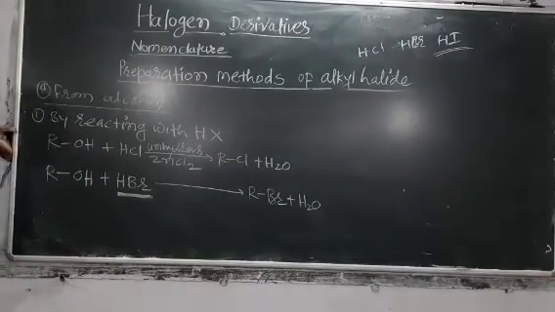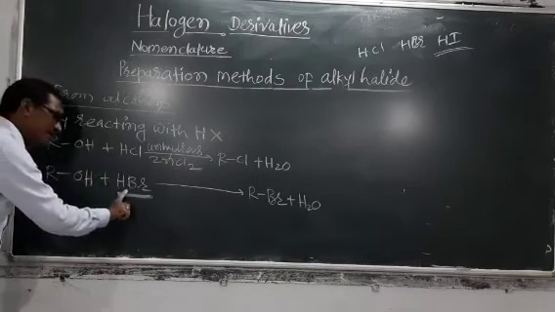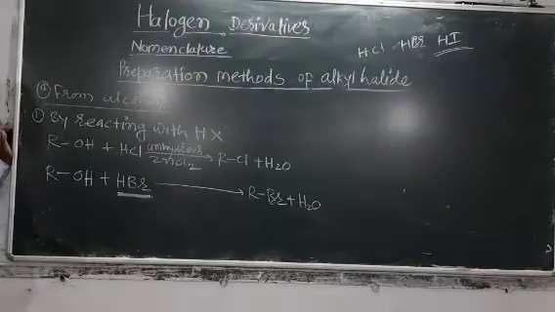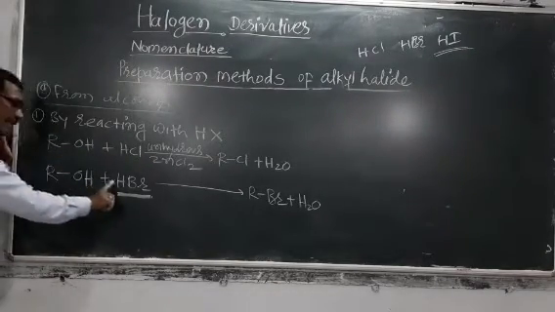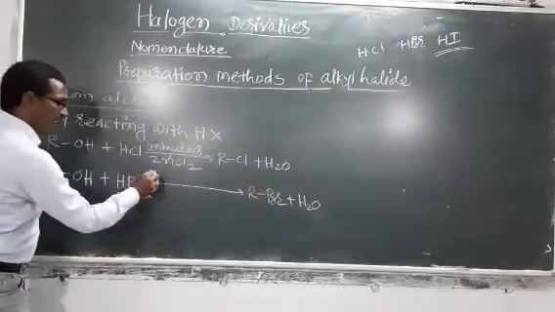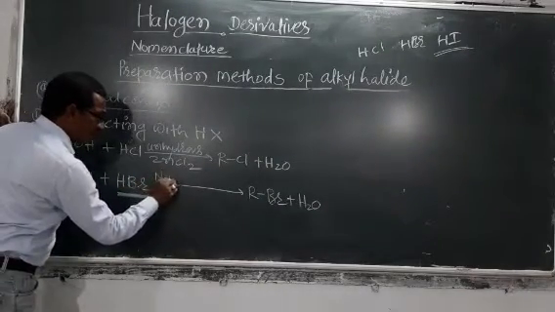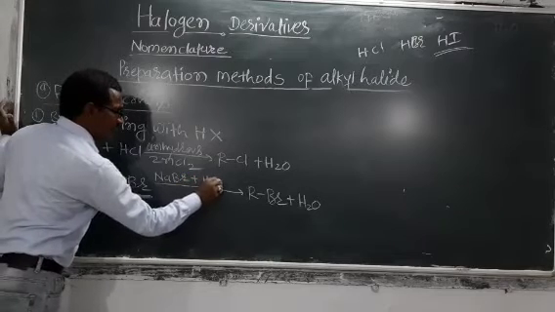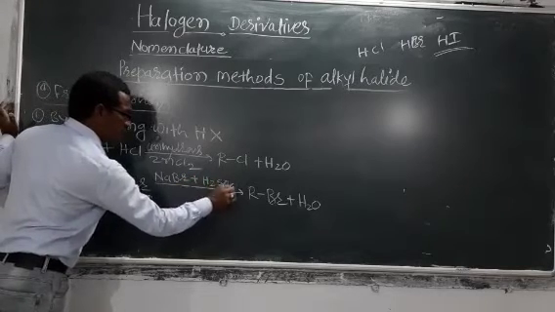In situ means we have to prepare the HBr in the reaction, while the reaction is progressing. We prepare HBr in situ by reacting sodium bromide with sulfuric acid, H2SO4.